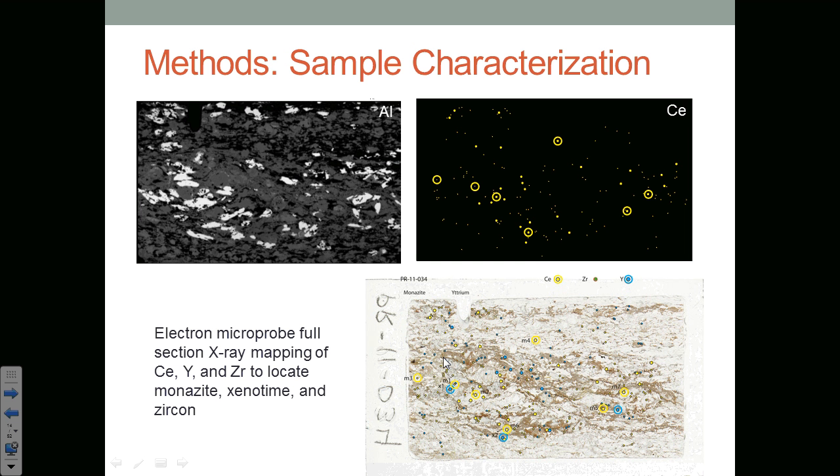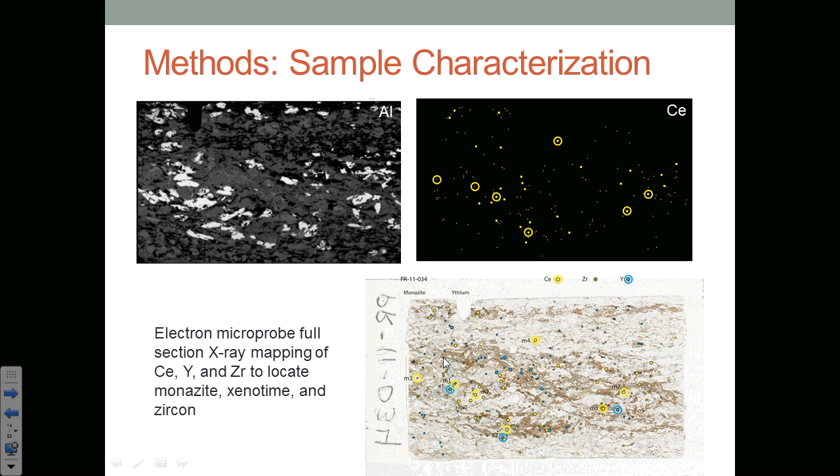Okay. So just to run through the method from start to finish of what we do with the samples, and then I'll start showing you some data. The first step is to find the monazite and xenotime grains in the thin section.